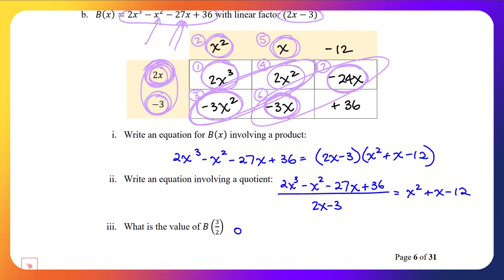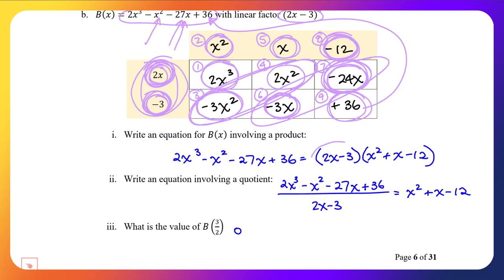To make the 2x here, or from the 2x to make this negative 24x, I need a negative 12 here. And then negative 12 times negative 3, surprise, surprise, surprise, is 36, the last term. I wonder if that's always going to happen.